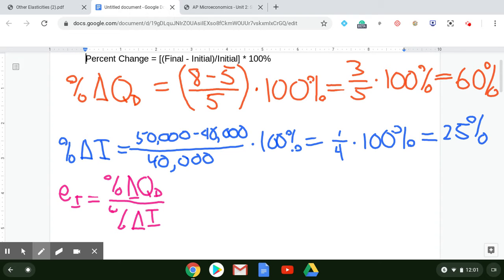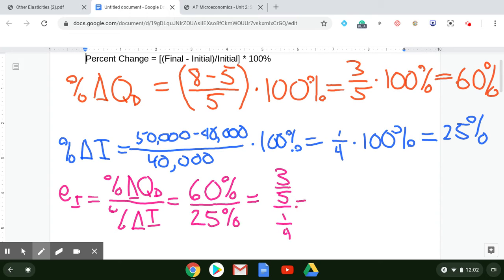And that's 60% divided by 25%. I like to use fractions because I don't really want to divide 60 by 25. And I remember that the 100 times the percent would cancel out from top to bottom. So I can actually just do 3/5 divided by 1/4.